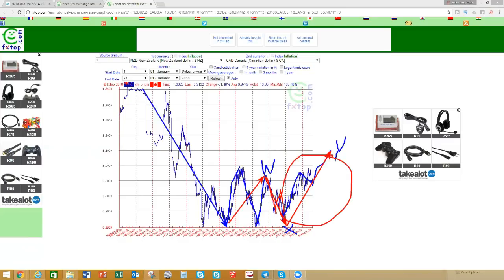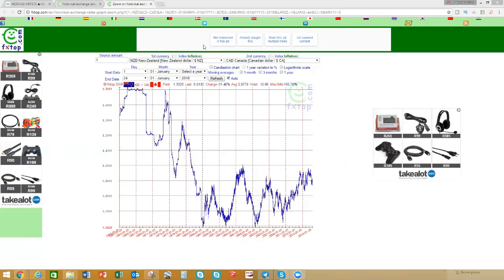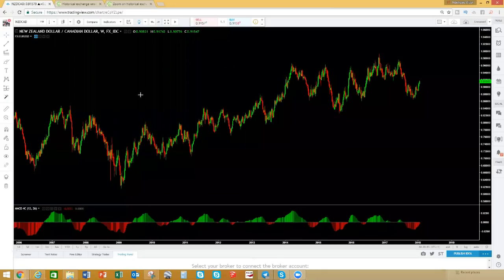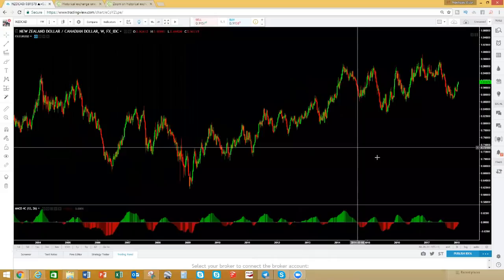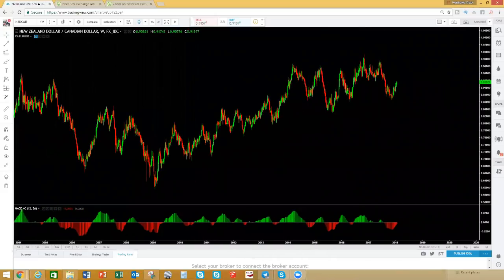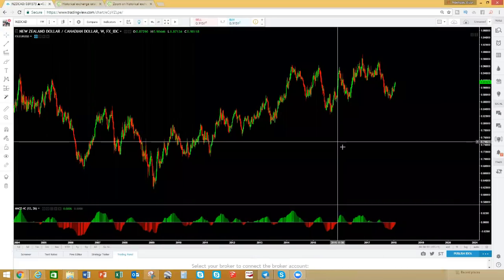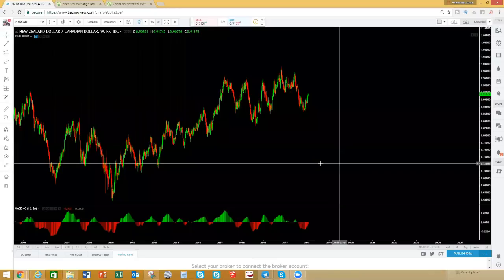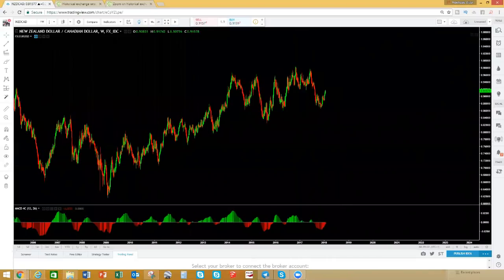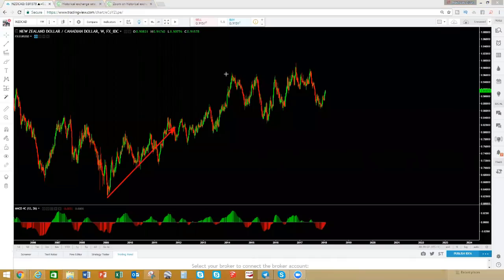Let's go to the broker chart. That is the New Zealand CAD chart, as you can see. This is that piece that I was looking at, this one here. Now let's look at how that piece plays out. This is the piece that I want, like this: 1, 2, 3.